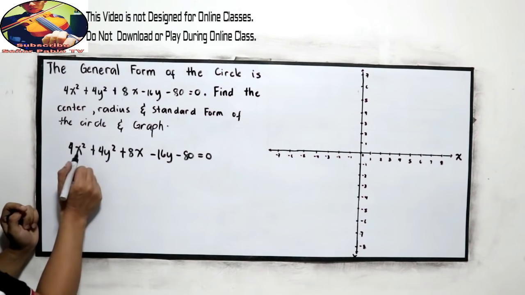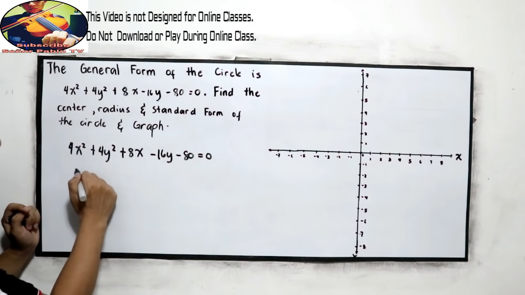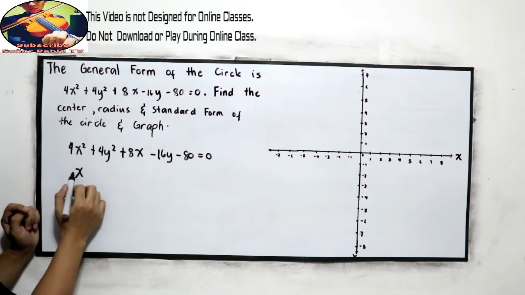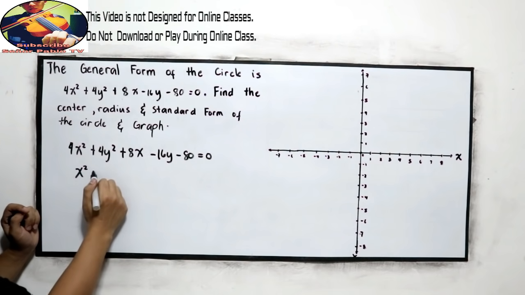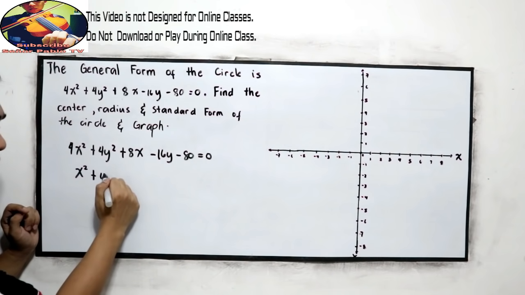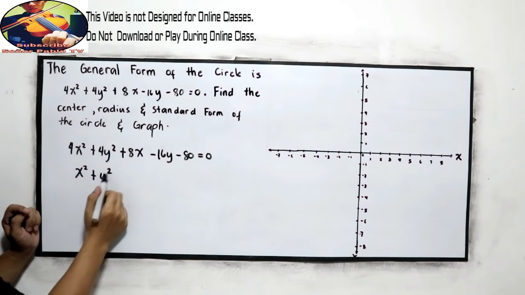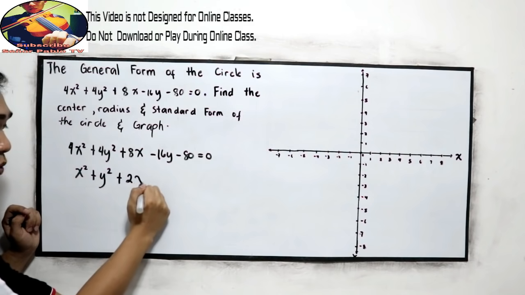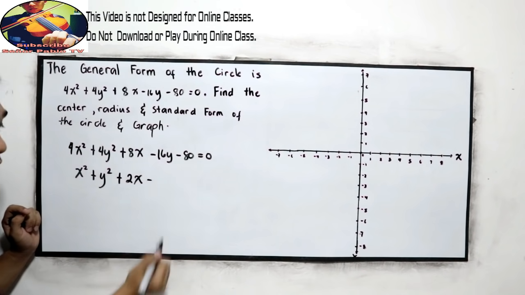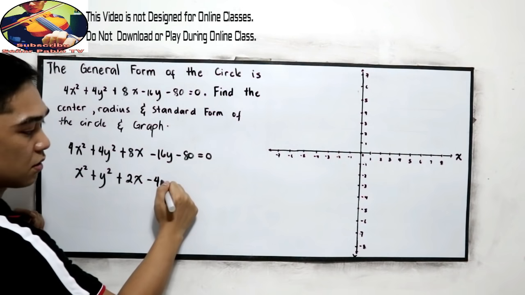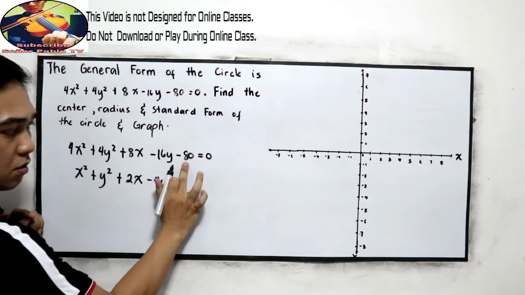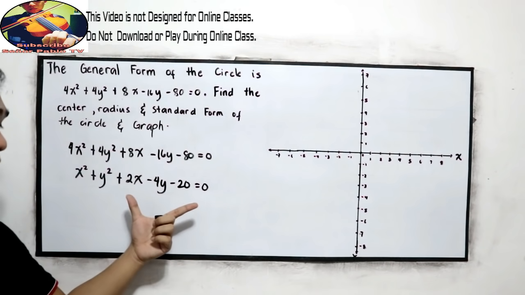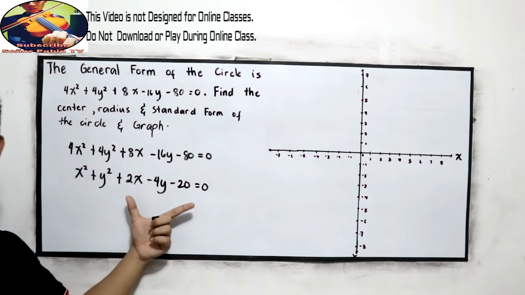Divide by 4: 4x squared divided by 4 will become x squared, plus 4y squared divided by 4 will become y squared, plus 8x divided by 4 will become 2x, minus 16y divided by 4, that is 4y, minus 80 divided by 4, 20 is equal to 0. This is now the reduced form of our general form.